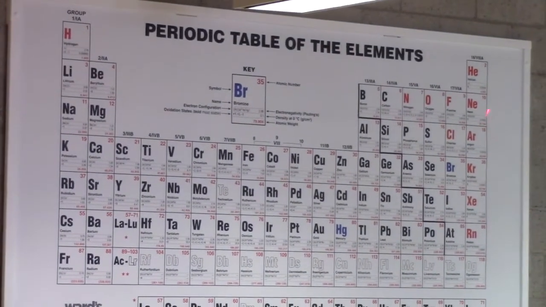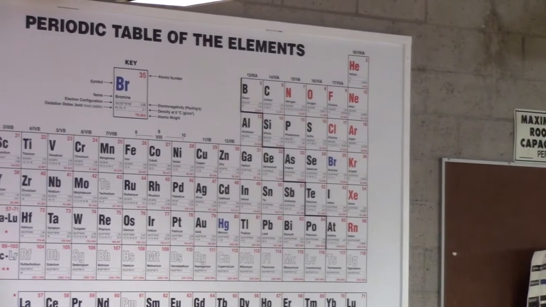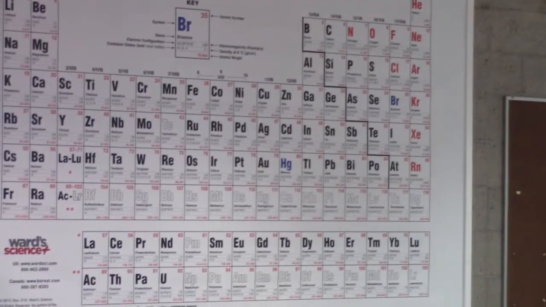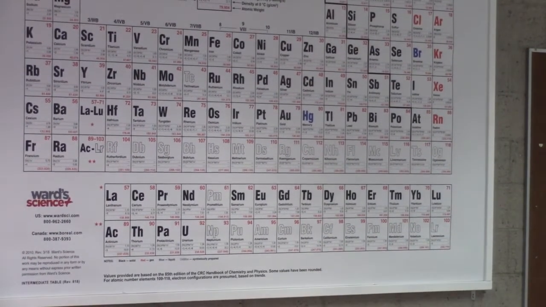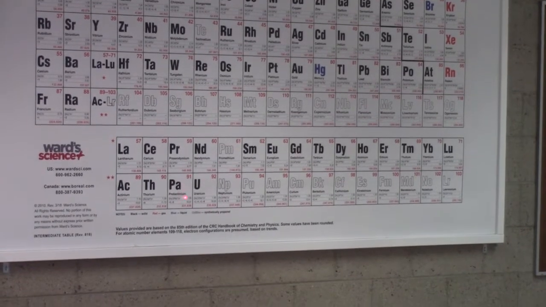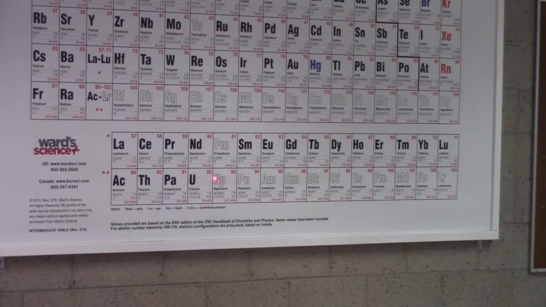In fact, if we get back here to neon, you'll see it's 10 and 10. However, as you get to some of these higher numbers, and let me just go all the way down to the big boy, there's the uranium again, the biggest one that I just mentioned. Remember when we got to uranium, by that time there's 92 protons, and I guess I got to subtract that again, 146 neutrons.